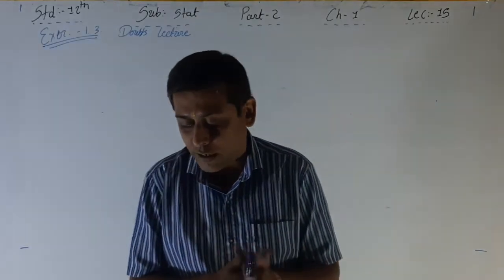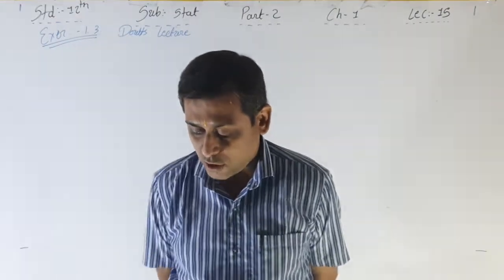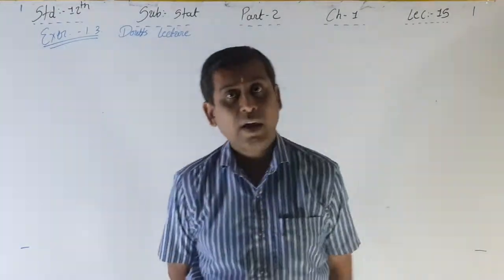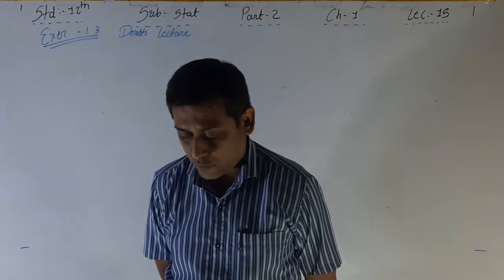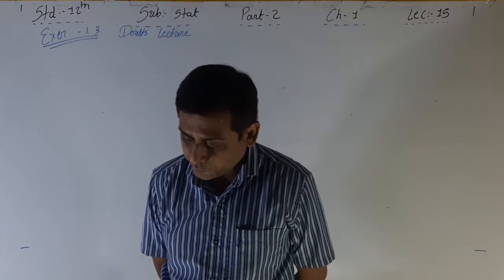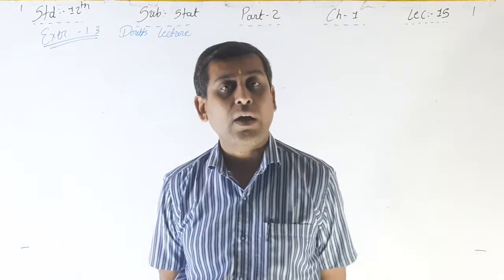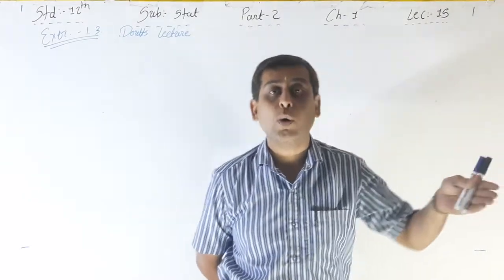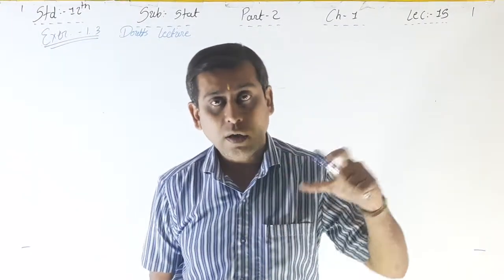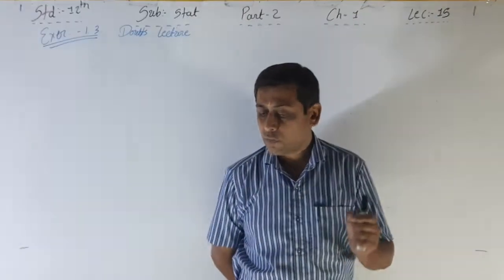Again the third question is for cards, 52 cards, where we have to find the spade card, as in illustration number 20. So it is also easy for you. Question number 4, you have to find the numbers which are multiples of 3 or 5, which we already did in exercise 1.2 as well as in the examples. So it is also easy for you.